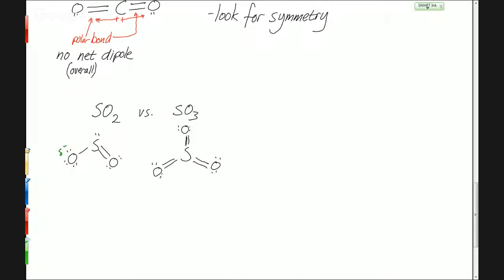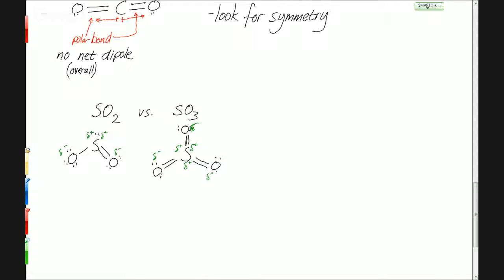So O will have the negative and S will have the positive in all those cases. So what would you say about the overall molecules in these cases being polar or nonpolar? Is one of them polar? Are both of them polar? Are they both nonpolar? What do you think?